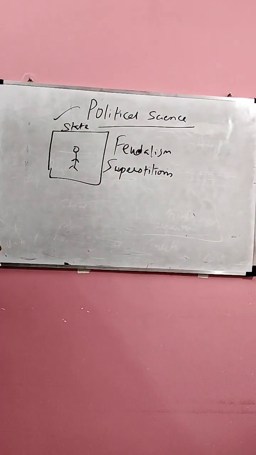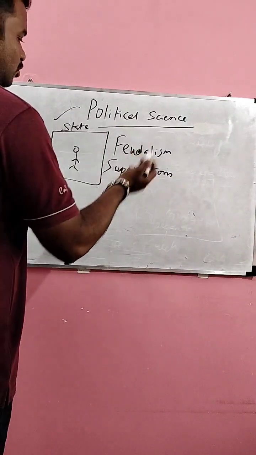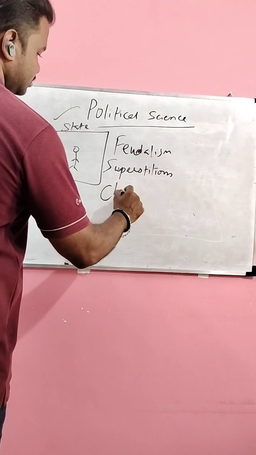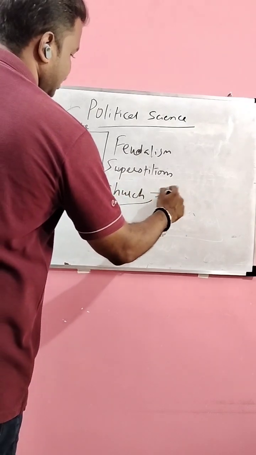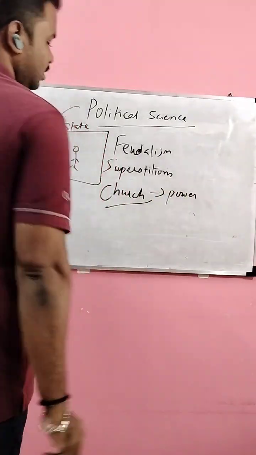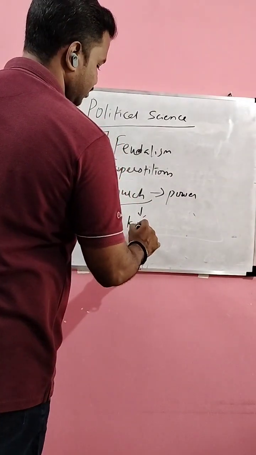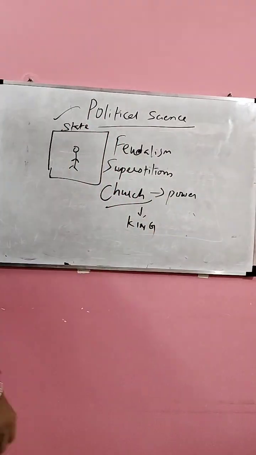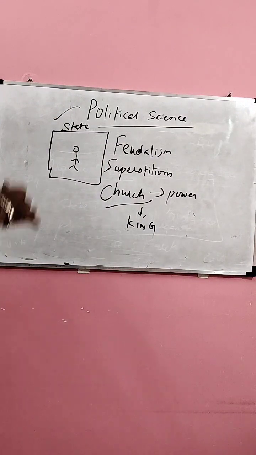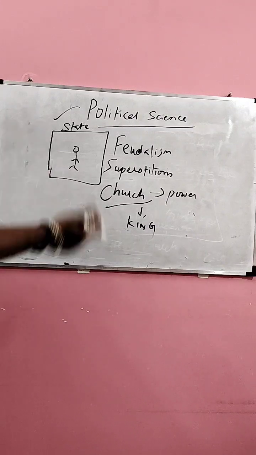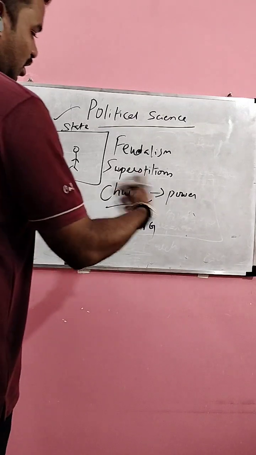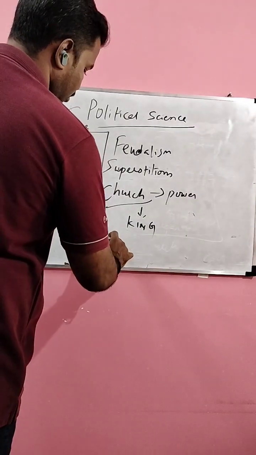You are able to see the divine theory is still playing out in Europe. The church was having great power. It used to control even the king. The king will follow the rules or the guidelines given by the church. Apart from this, the European society did not go for modern thought.